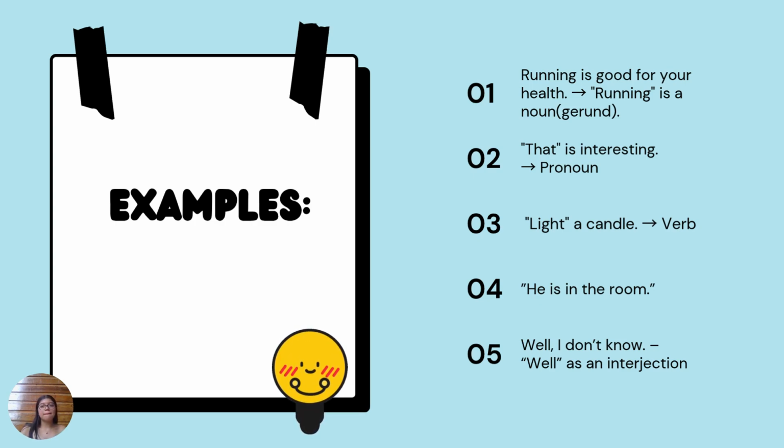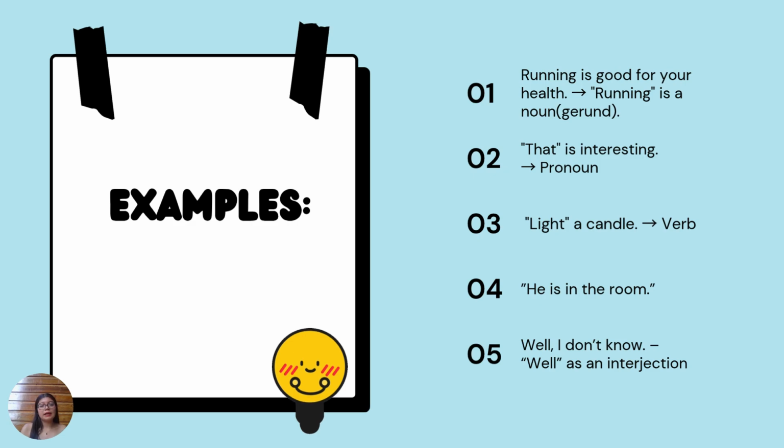The confusion is that running looks like a verb because of the -ing ending. However, in this sentence it acts as a noun because it is the subject of the sentence. This form is called a gerund, a verb form used as a noun.